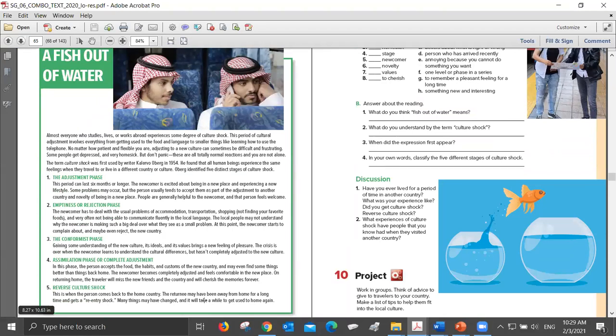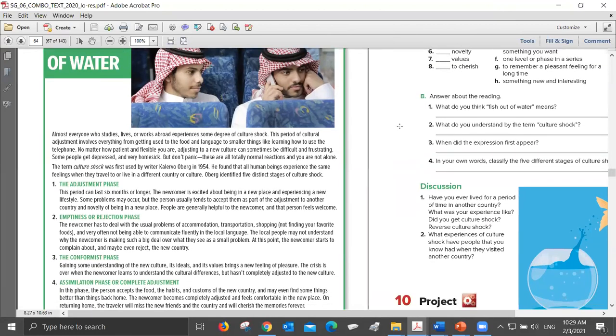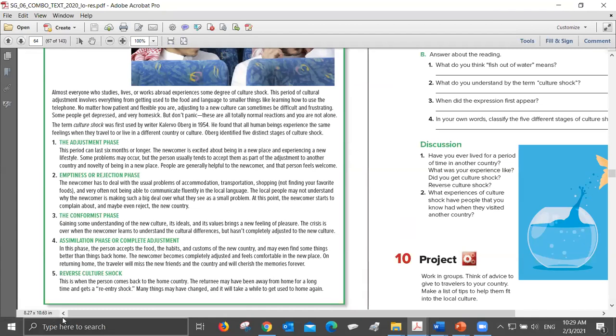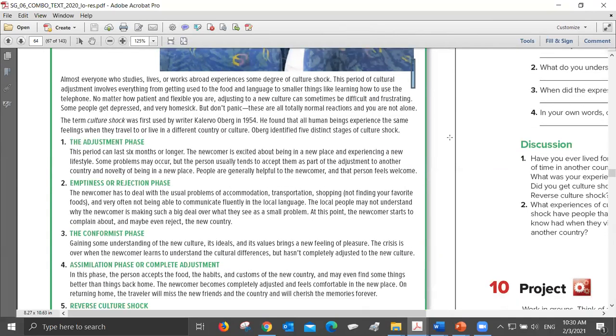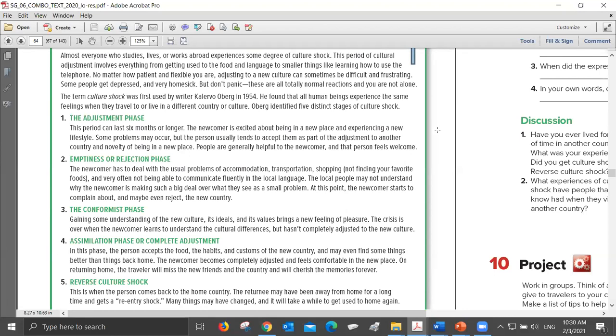Can you read it? Good? Okay. You read and check what you think. Check your answers. You can't read it. Yeah, it's okay now.